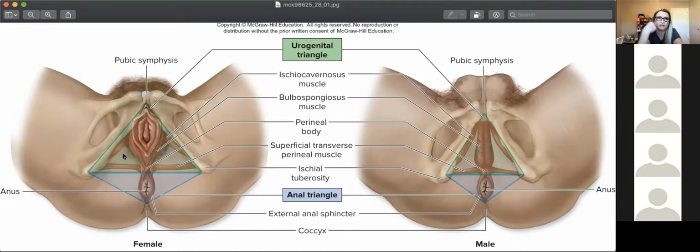Just be aware of what is what here. I'm not actually going to ask you about these muscles here, so you don't need to know that, but be aware of those triangles, those areas, those regions, and know that the angle is different. But I think you already know that from AMP1. So that's that about this image.